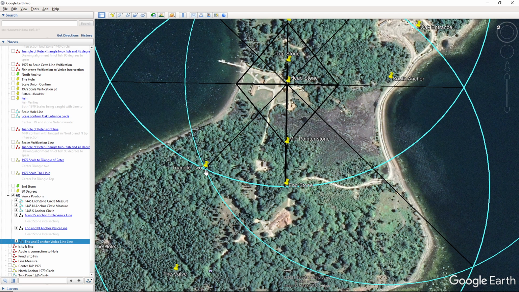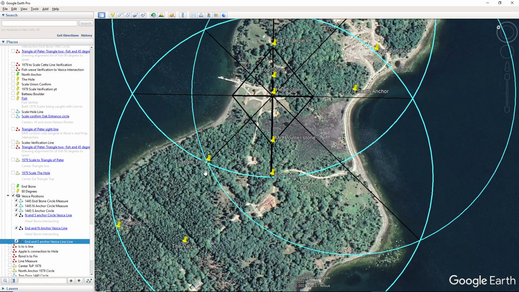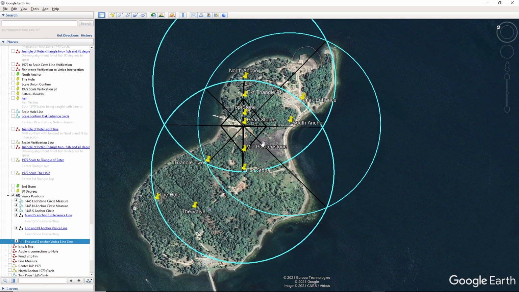We have the north, the triangle 2. Oh, that was the other thing, is when you put in the center of the south anchor, it actually locates triangle 2. So I think this is the way it was meant to be done. And triangle 2 is now the next point.